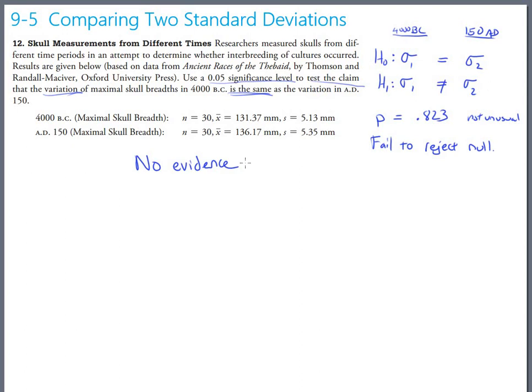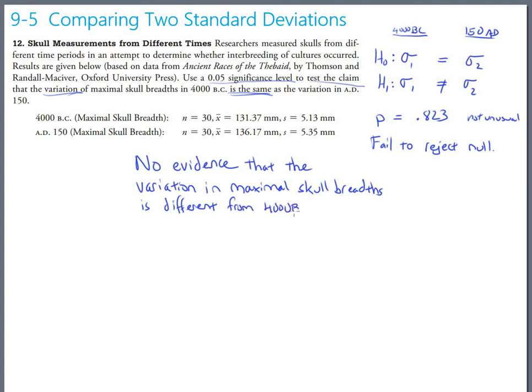No evidence that the variation in maximal skull breadths is different from 4000 BC to 150 AD. Boom. Done.